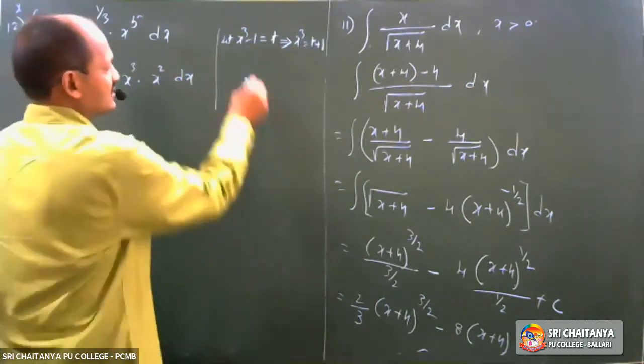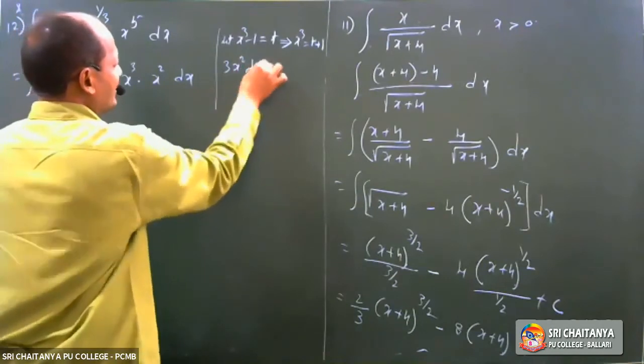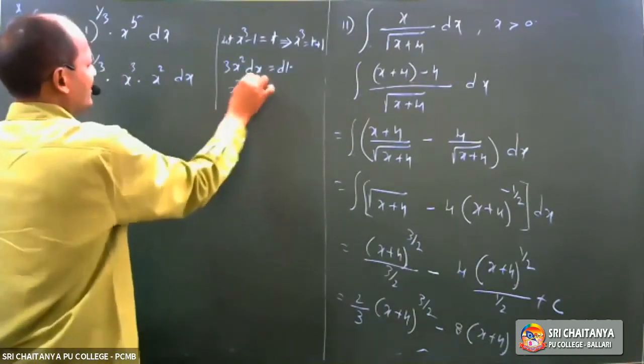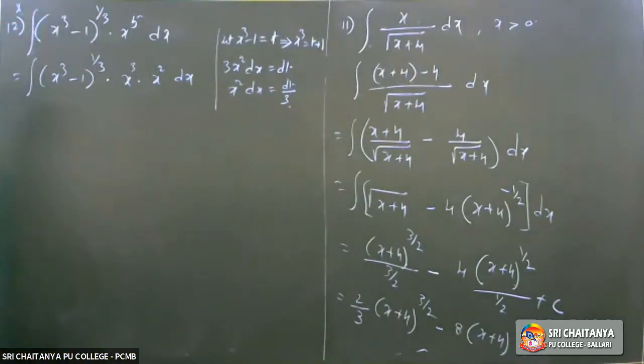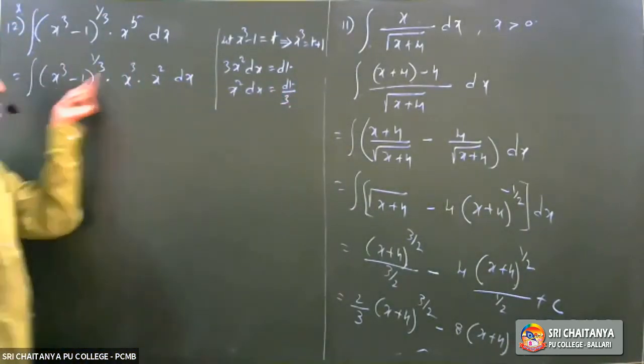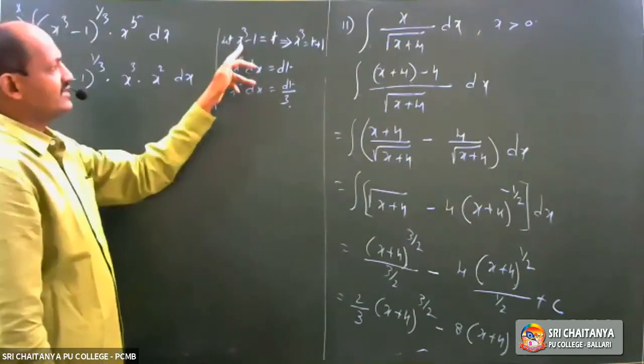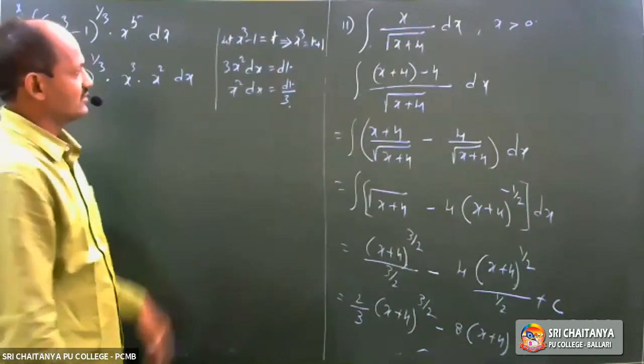Derivative of x cube minus 1 is 3x square dx is equal to dt. x square dx is equal to dt divided by 3. x cube minus 1 is t, then x cube is equal to t plus 1.